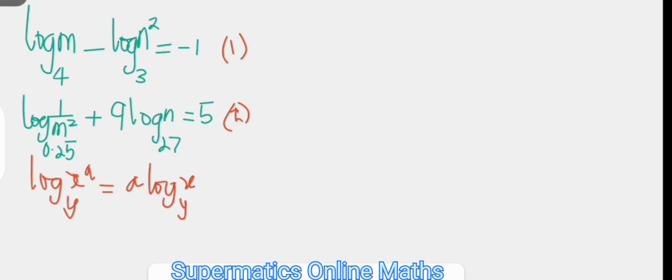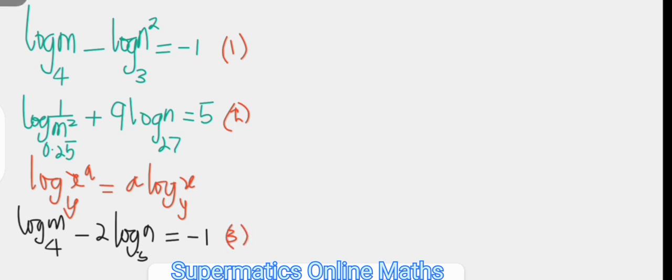Therefore, equation 1 becomes the logarithm of m to base 4 minus 2, applying that law to the second term on the left hand side, log n to base 3, equals negative 1. We shall call this equation 3.